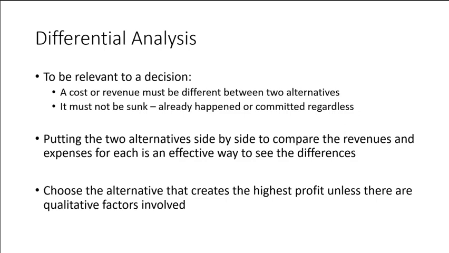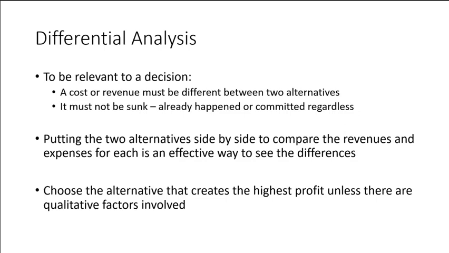A cost or revenue must be different between the alternatives to truly be relevant to the decision. Now, we may list all of the costs, even if they're not relevant, and then look at the ones that are different. Or we may only look at the ones that are different.